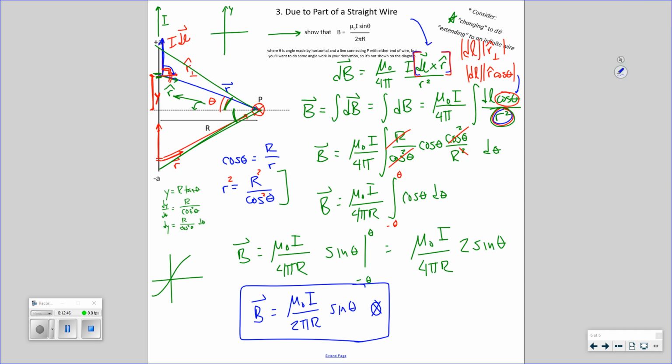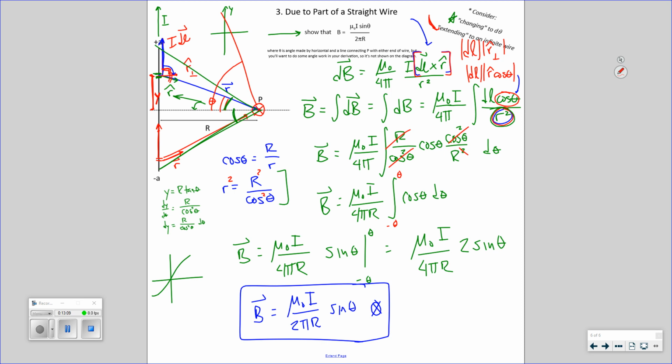Now, extending to an infinite wire. That was one of the recommendations. The question is, what are the limits of theta? Well, if this wire gets really, really long, then as we're looking way up there to the top of the wire, theta approaches 90 degrees. Sine of theta is 1.